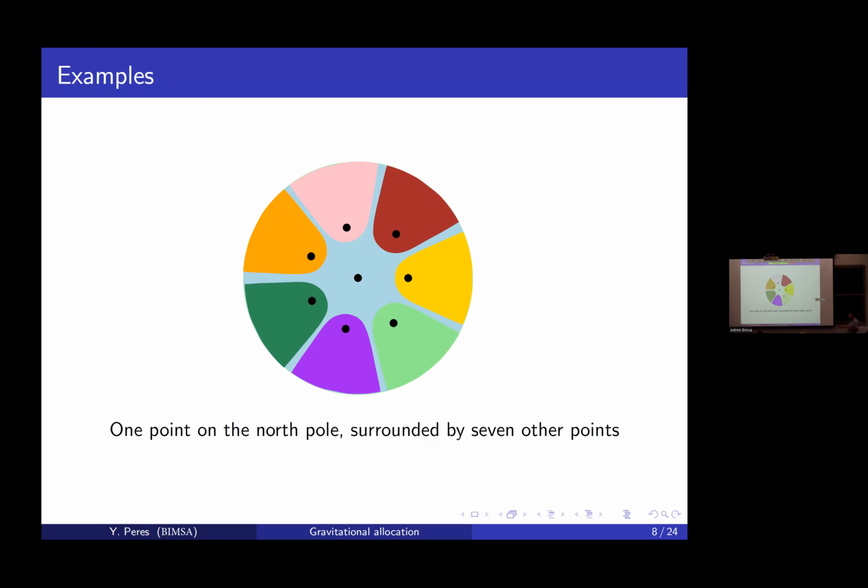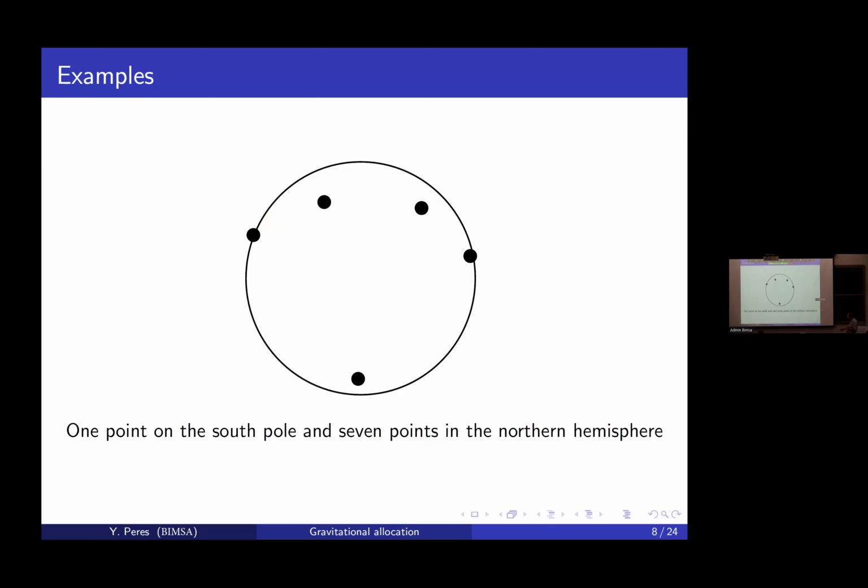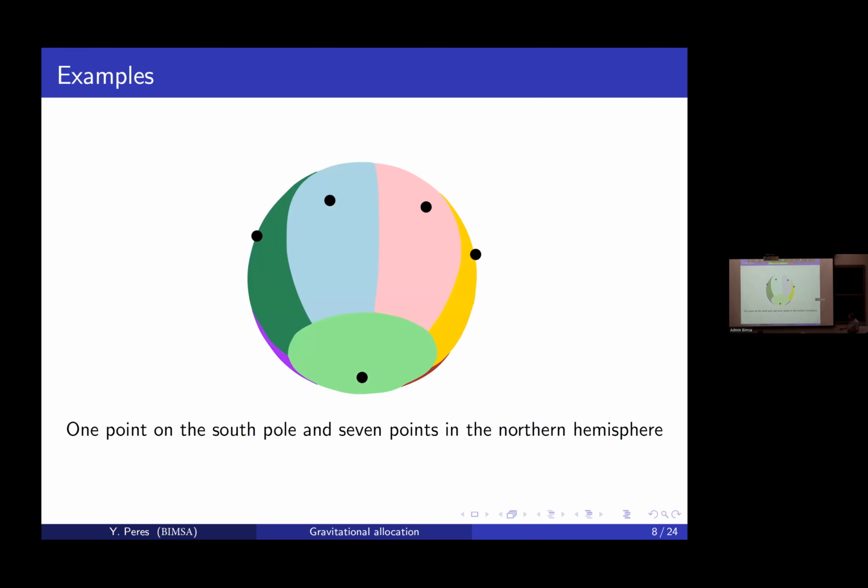He said, okay, I understand this example, but what about this example? Say there's a star at the South Pole, and all the other stars are in the North. Here there are 4, but think of 1,000,000 stars in the Northern Hemisphere. Surely this lonely one on the bottom will get a larger territory. This is the picture we sent him back. The point is, it doesn't.